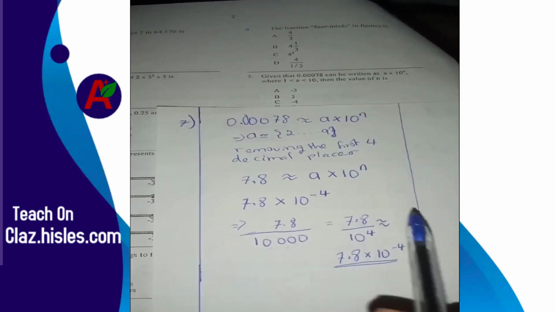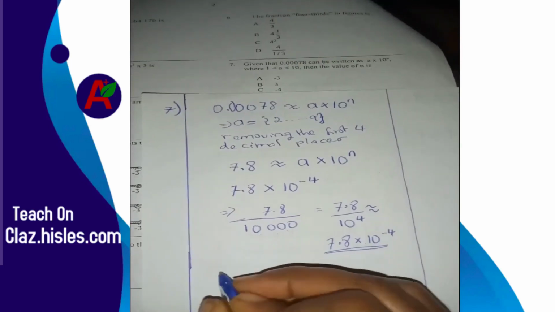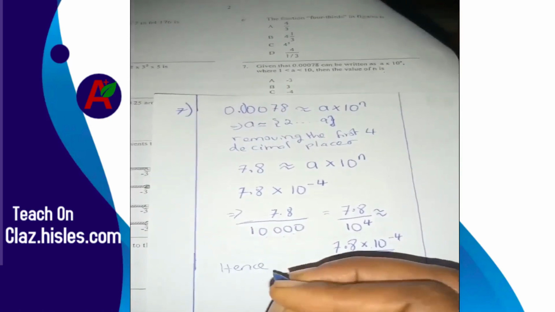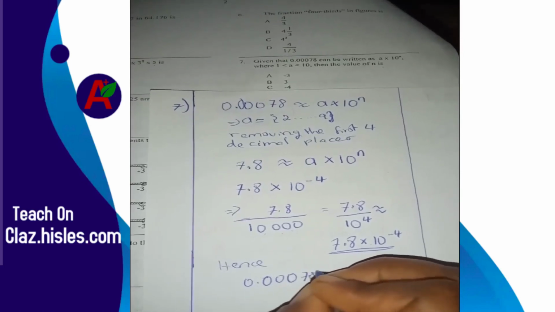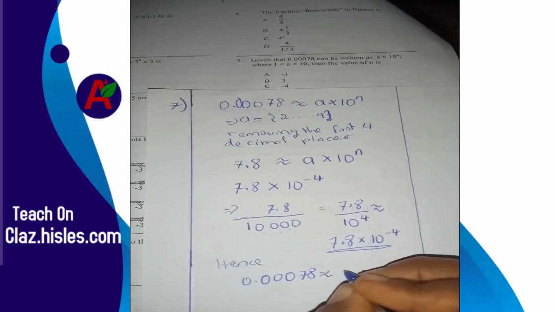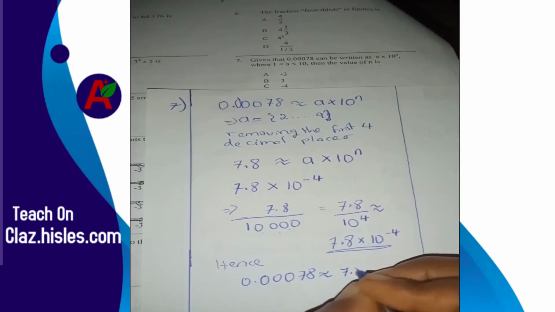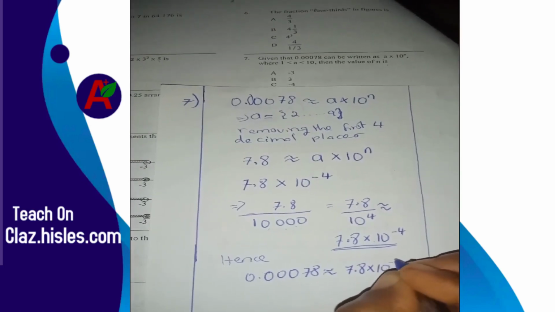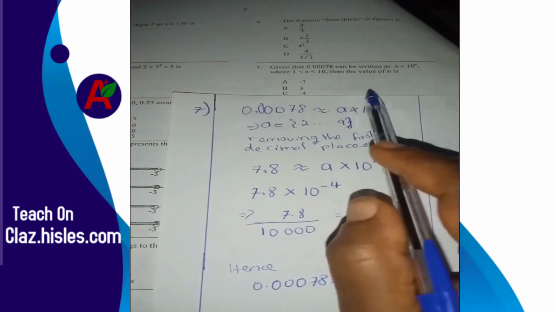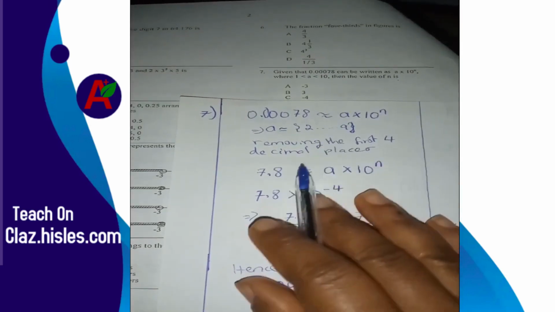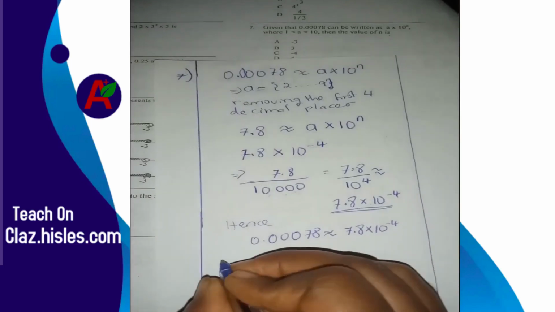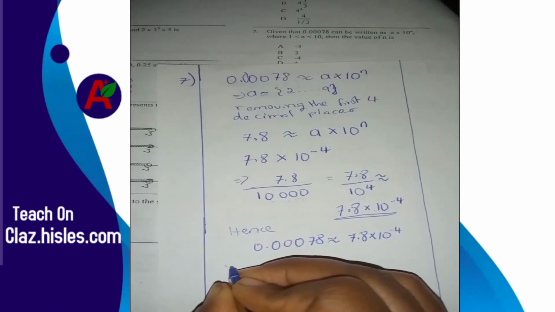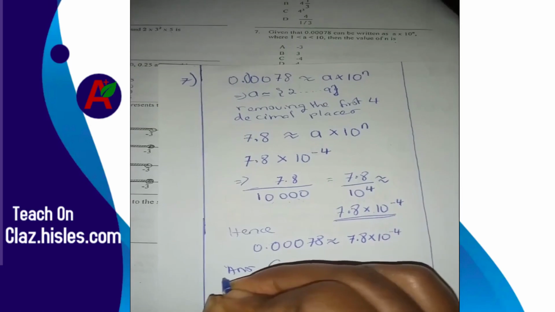So hence 0.00078 is approximately equal to 7.8 times 10 to the negative 4. So what is asked in the question, what is the value of n? Our value of n is negative 4. So for number 7, our answer is C.